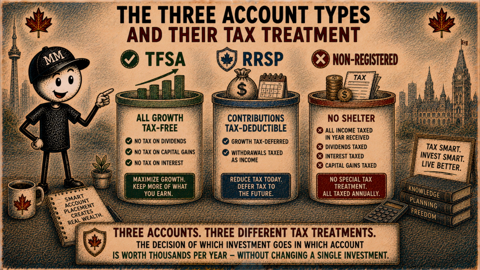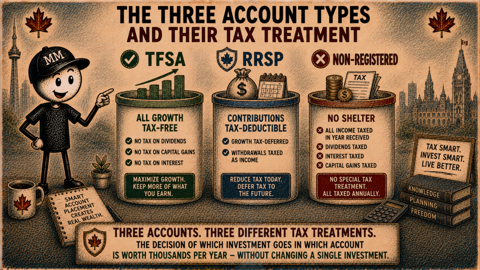Contributions are tax-deductible. Growth is tax-deferred. Withdrawals are taxed as income. Non-registered account. No tax shelter. All income is taxed in the year it is received. The account you hold each investment in dramatically affects your after-tax return.